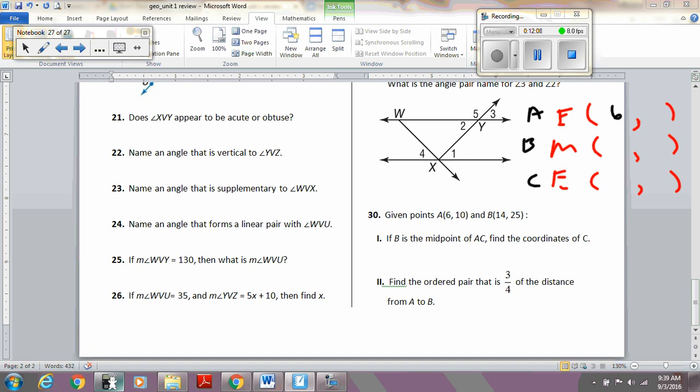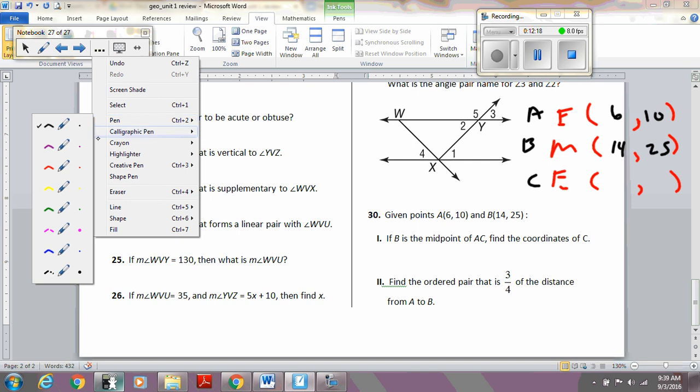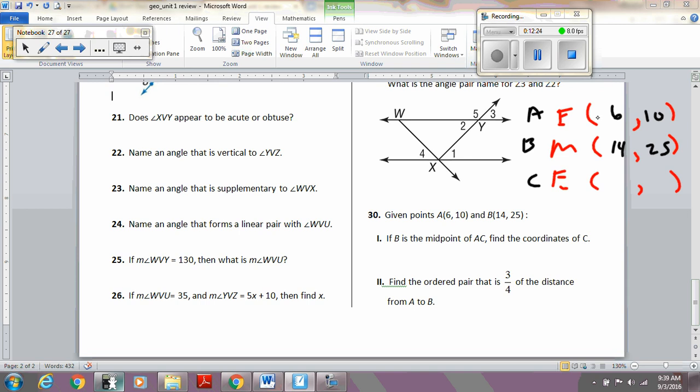A is located at 6,10. B is located at 14,25. So now we're going to establish the pattern between A and B that will continue from B to C, and that would help us find our coordinate. To go from 6 to 14, you have to add 8. To go from 10 to 25, you have to add 15.